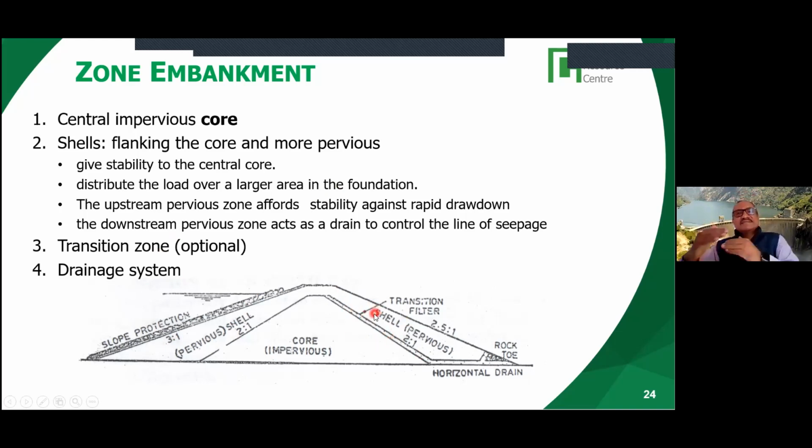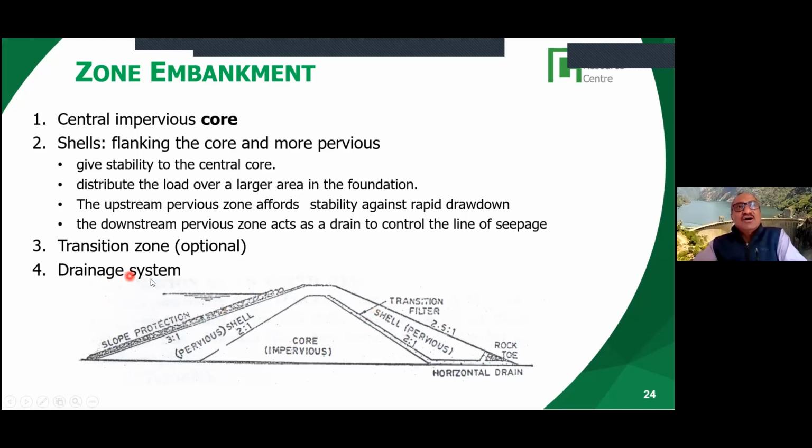A filter is basically between a pervious and an impervious layer. You have some sort of filter so that the materials don't go from one zone to another.